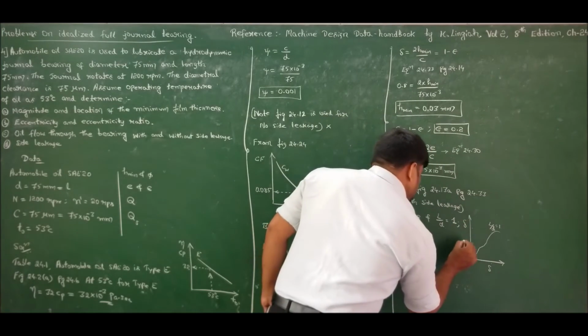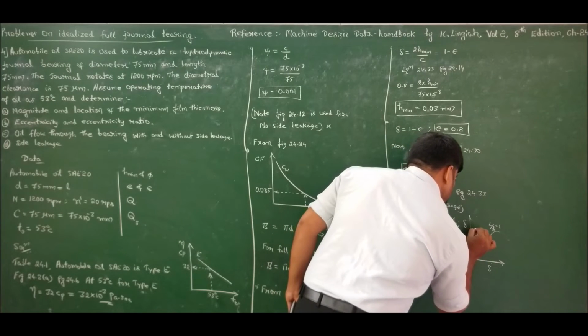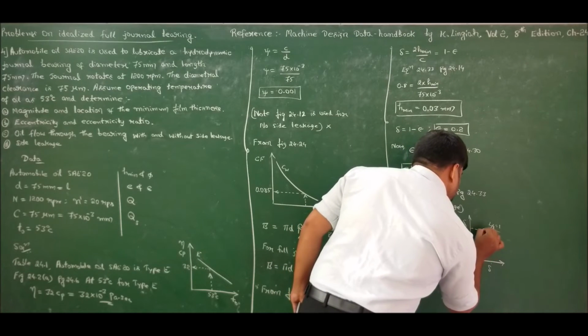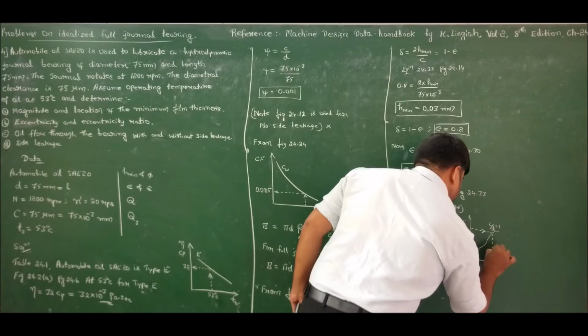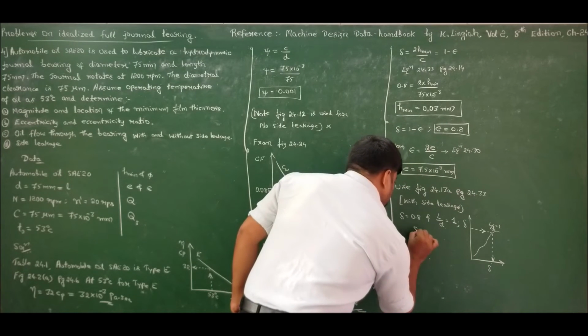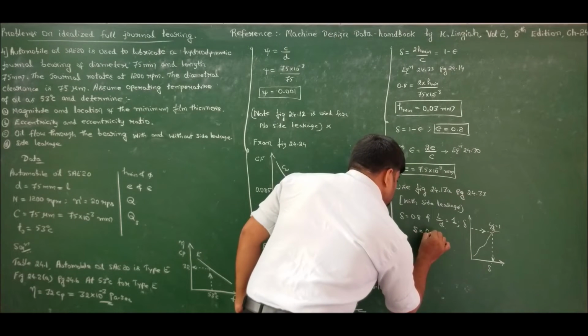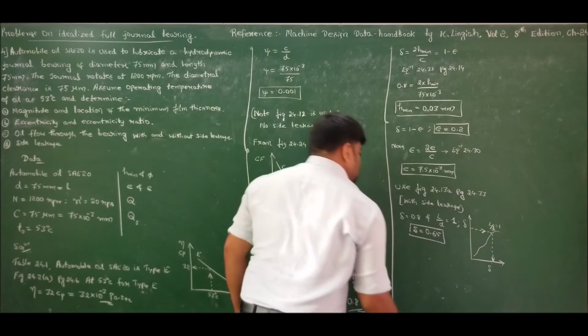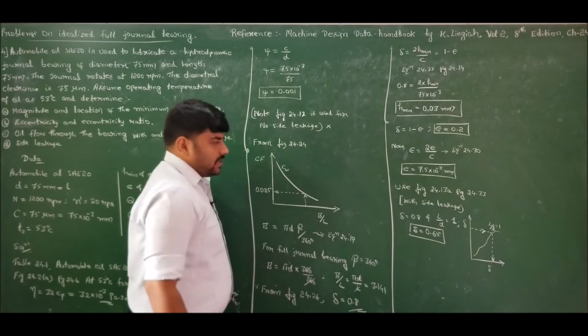Now intersect at 0.8 for L by D ratio equal to 1 and plot it vertically downwards, you get the value of Sommerfeld number, which is found to be 0.65. 0.65 is the Sommerfeld number.